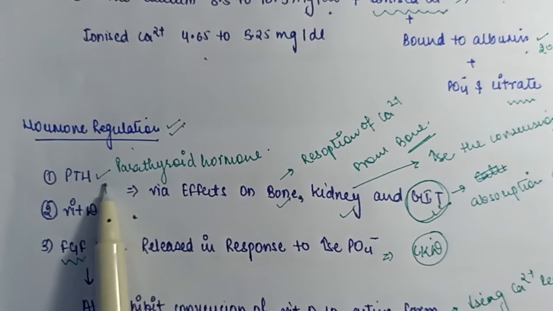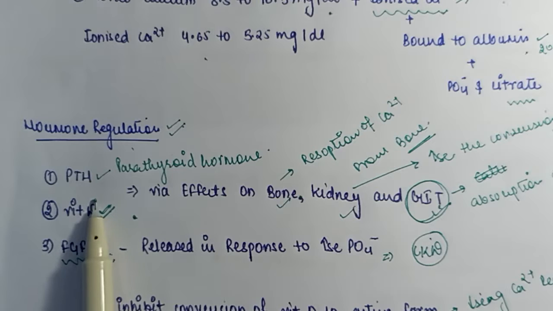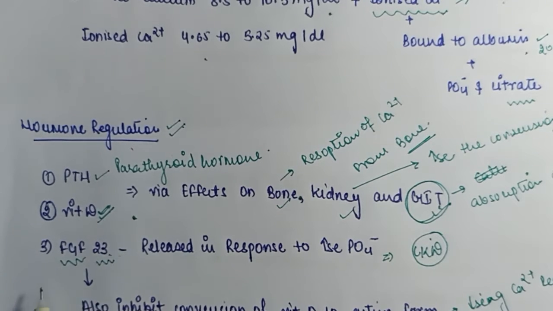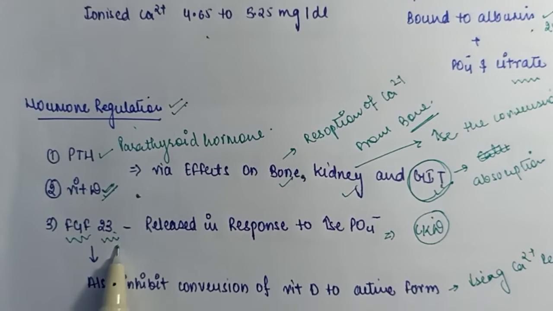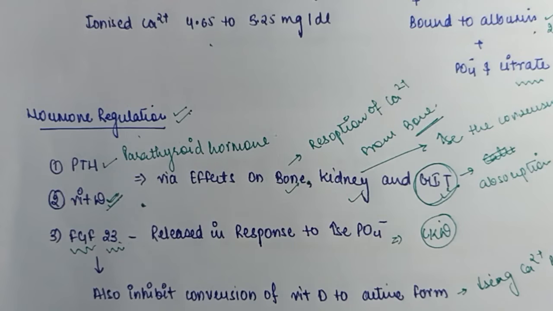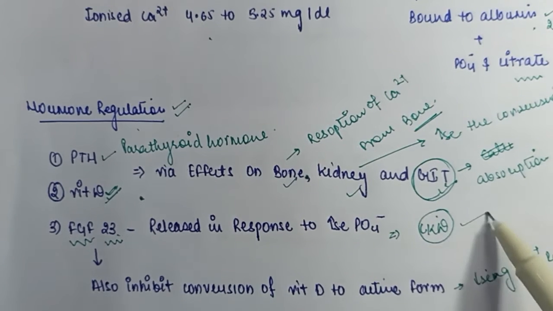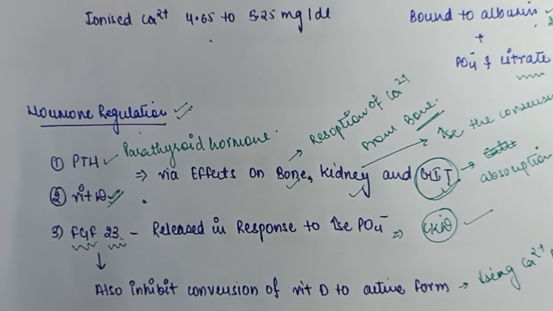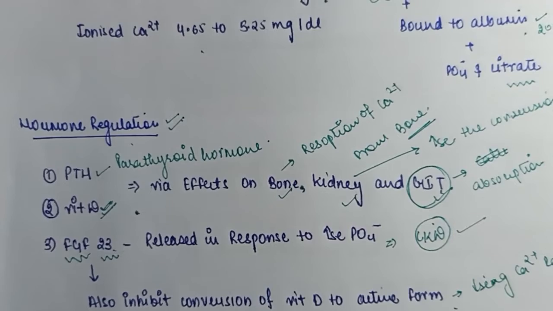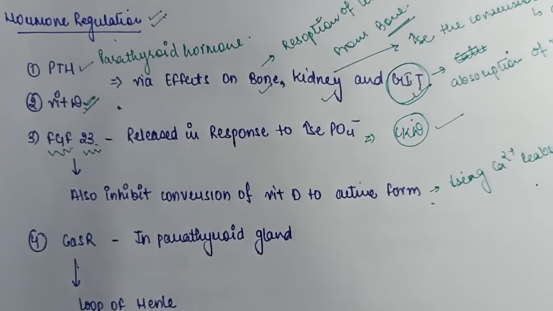So one important parameter was parathyroid hormone, which increases the serum calcium, then vitamin D3, and then there is FGF23, which is released in response to increased phosphate ions. Mainly it is released in patients of CKD where there is hyperphosphatemia, but it also inhibits the conversion of vitamin D to active form, so ultimately decreasing calcium reabsorption.